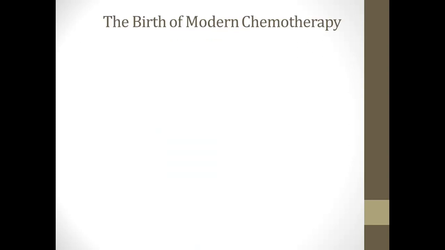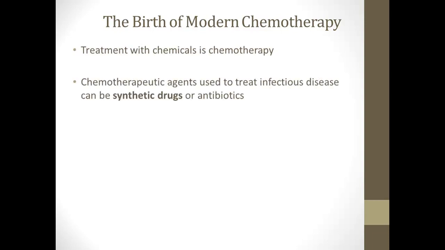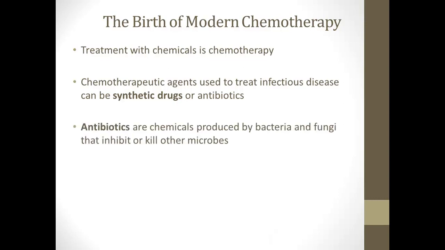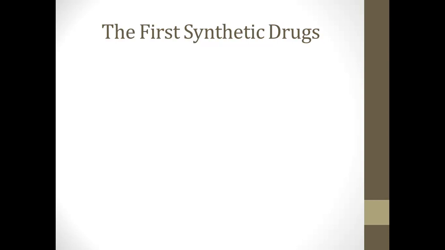The birth of modern chemotherapy. Treatment with chemicals is chemotherapy. Chemotherapeutic agents are used to treat infectious disease, and they can be synthetic drugs or antibiotics. Antibiotics are chemicals produced by bacteria and fungi that inhibit or kill other microbes. The first synthetic drugs.